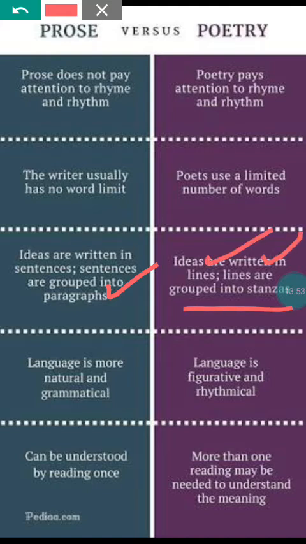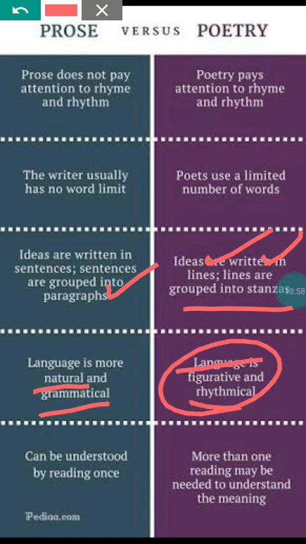Language in prose is more natural and grammatical. Language in poetry is figurative and rhythmical. Since we are writing poetry, not prose, we need to write in rhythmic as well as figurative language.